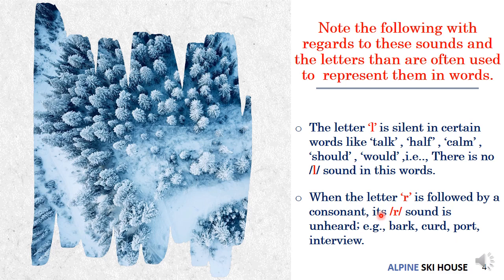The second point says when the letter R is followed by a consonant, its R sound is unheard. What is a consonant? Apart from A, E, I, O, U, these are vowels. Rest of all the letters, 21 letters, are consonants.